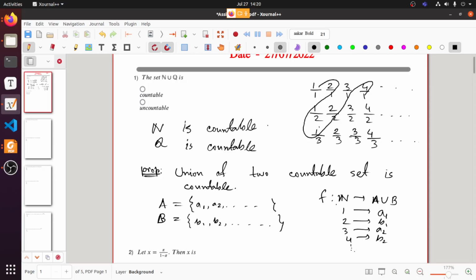Then you get a bijection onto the union. So the union of two countable sets is again countable, and therefore N union Q is countable.